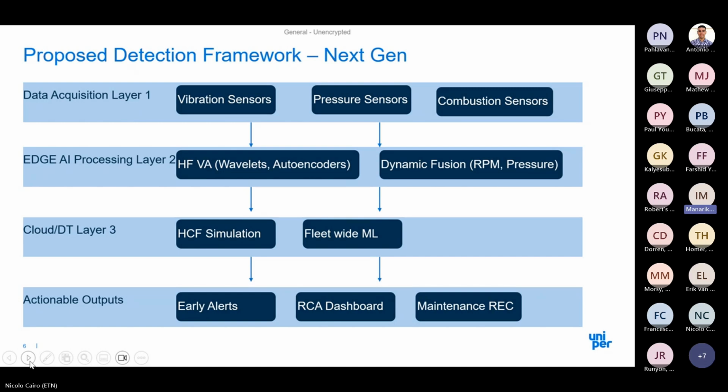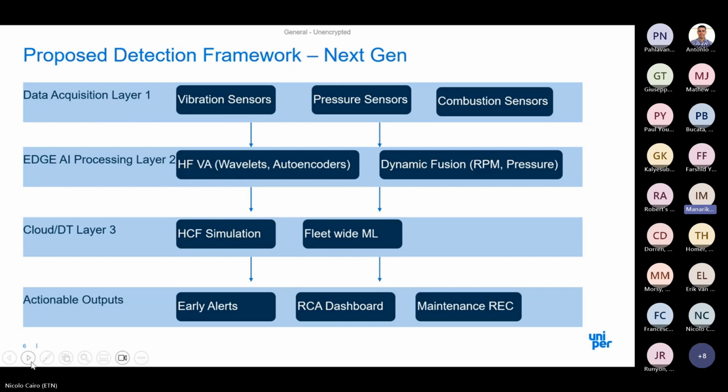Let's start from the bottom where the data originates. We begin with three sensor categories: vibration sensors for mechanical health, pressure sensors to track the combustion dynamics, and the combustion sensors like flame detectors or emission monitors, etc., to check instability early stage.